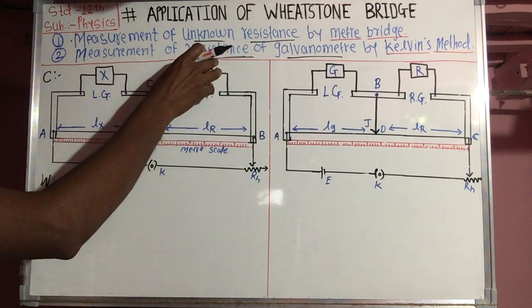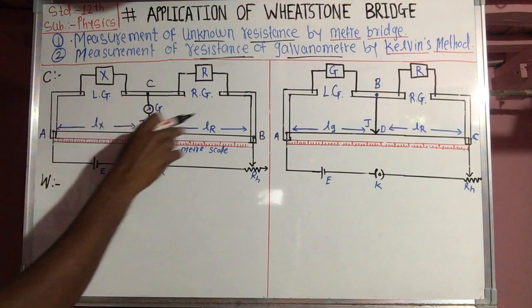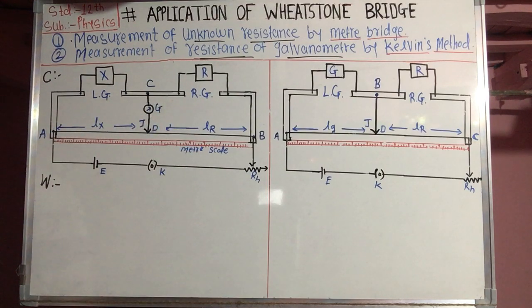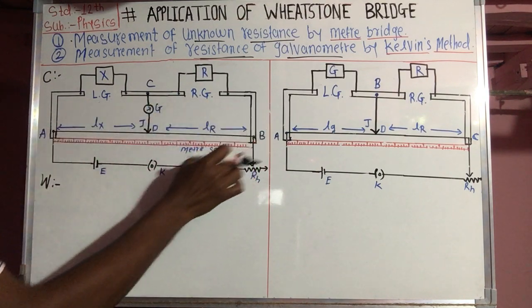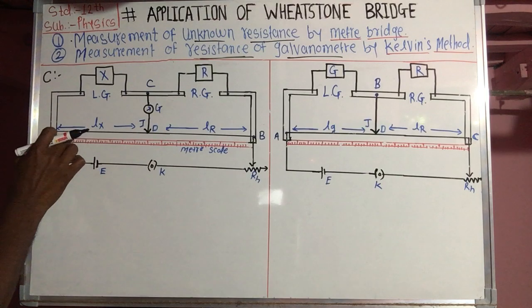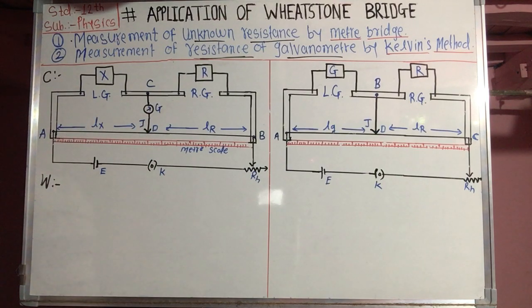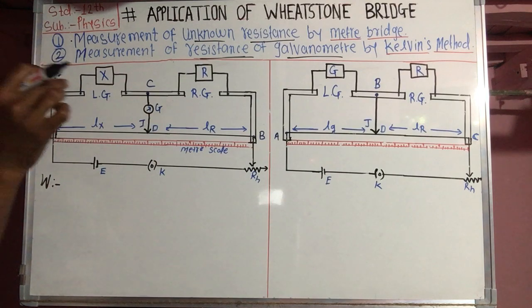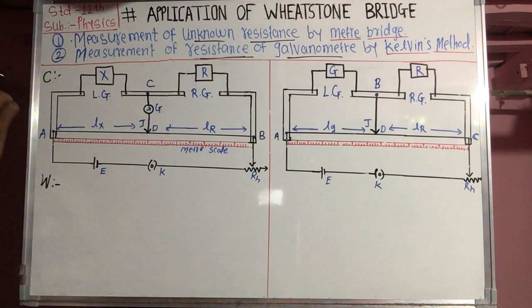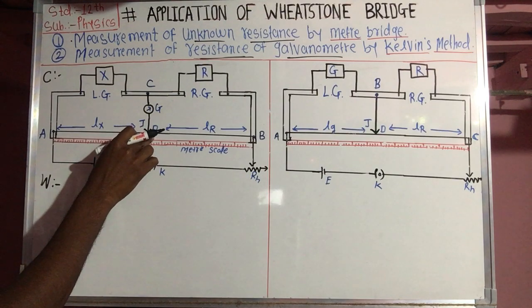If we take out a suitable resistance from the resistance box and touch the jockey at different points on the uniform wire AB, there is one point on that wire at which the galvanometer shows zero deflection. If the galvanometer shows zero deflection both with touching and without touching, then this point is called the null point. So here D is the null point.